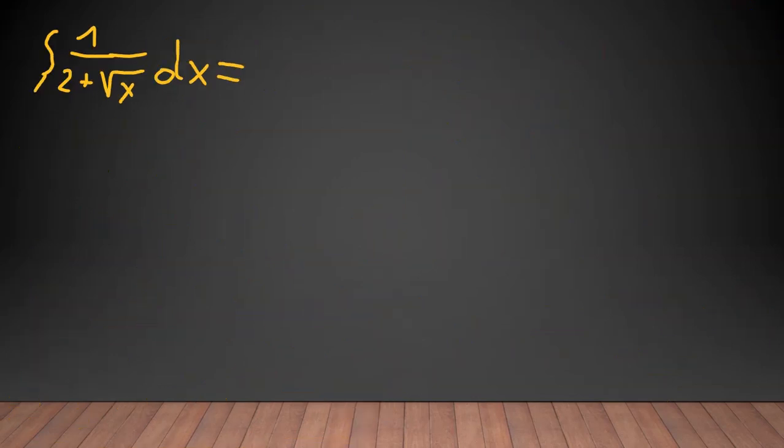I have also a similar one which is quite difficult here, so let's solve it step by step. The integral of 1 over 2 plus square root of x. So from this we know that u equals 2 plus square root of x.